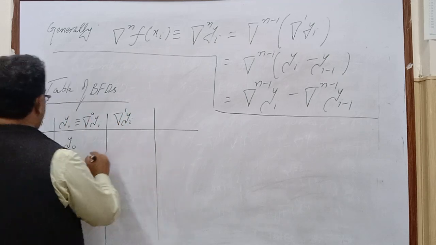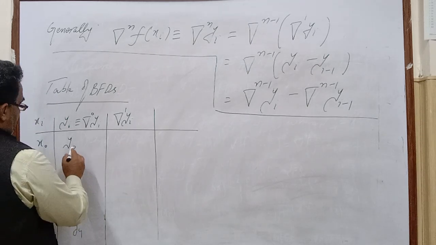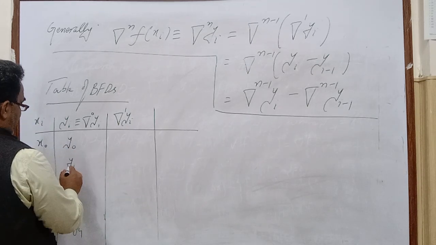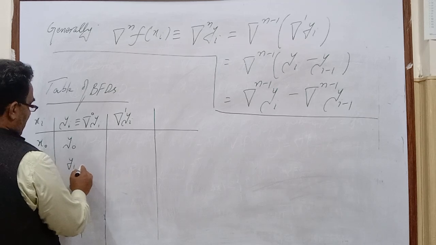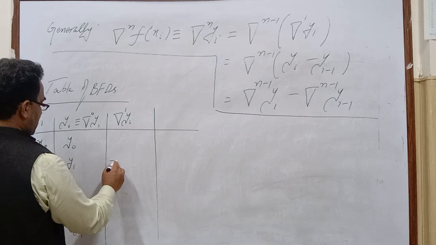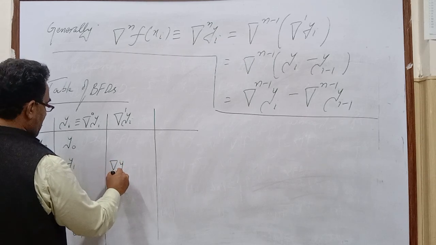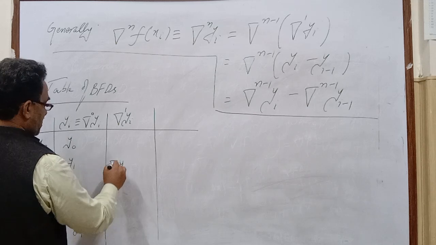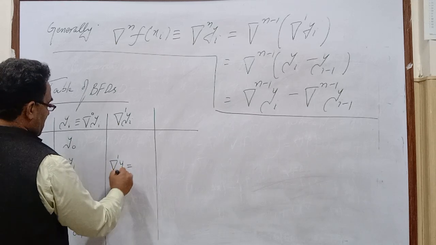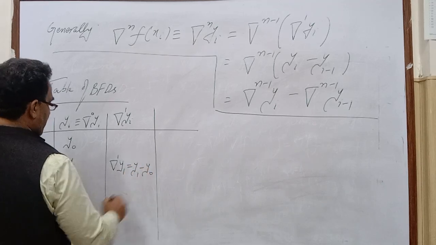And in case of BFD table, we write the result in front of, let's say, leaving one value of y, and we write the result in front of y1. So this is y1 minus y0, that is written as del y1. Del y1 means the value of y1 minus the previous value of y.